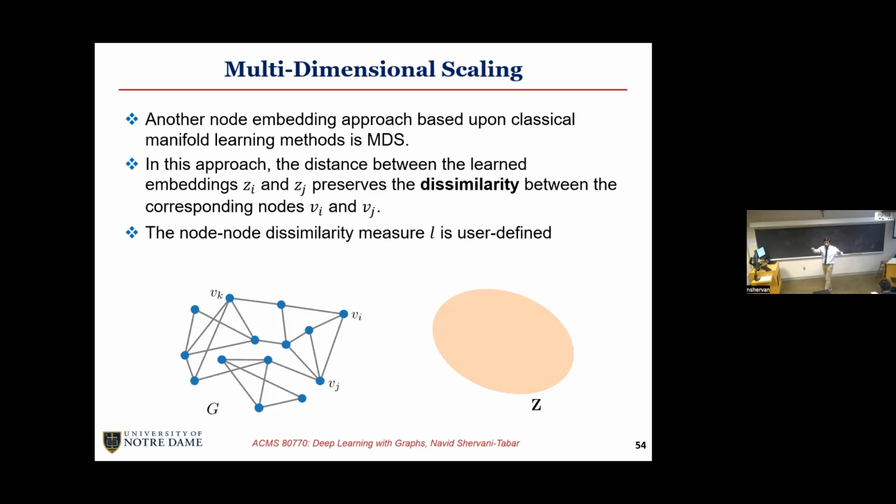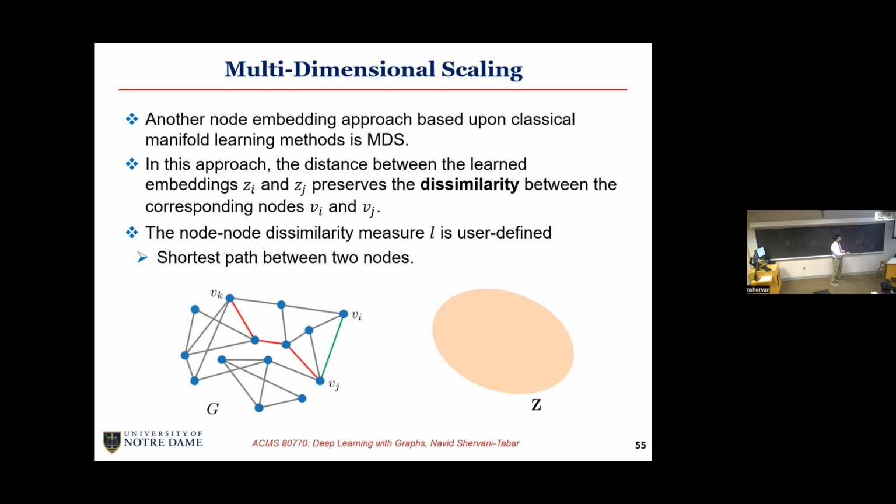So if two nodes are distant, it means that they're dissimilar from each other. So we are writing our reconstruction objective as some measure of dissimilarity between different nodes. For instance, one of them can be any user-defined function. One of them can be shortest path.